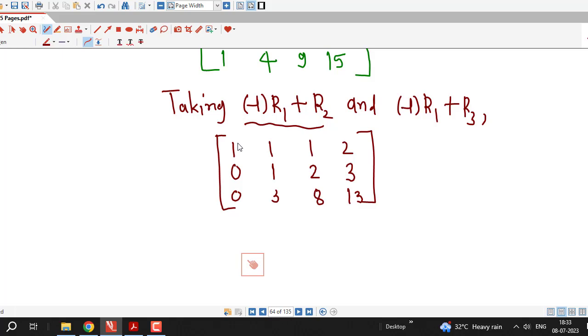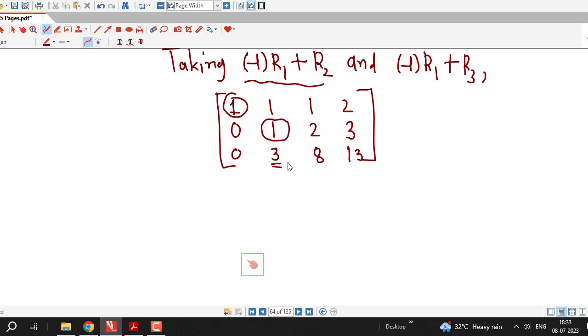Now here we have first non-zero entry of first row, and all the entries below this non-zero entry of first row are 0. Now we come to the first non-zero entry of second row, and for row echelon form I have to make this 0 using second row. So here I have to consider the operation that multiply second row by minus 3 and add in third row.